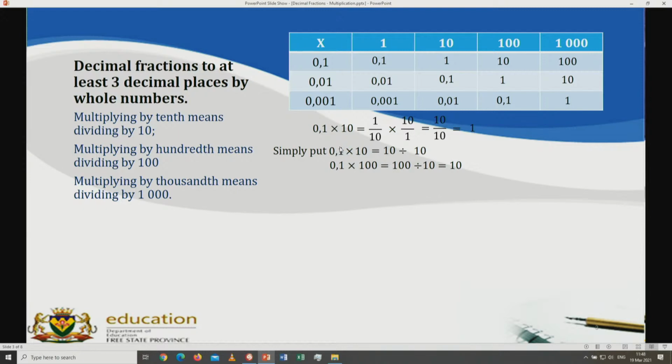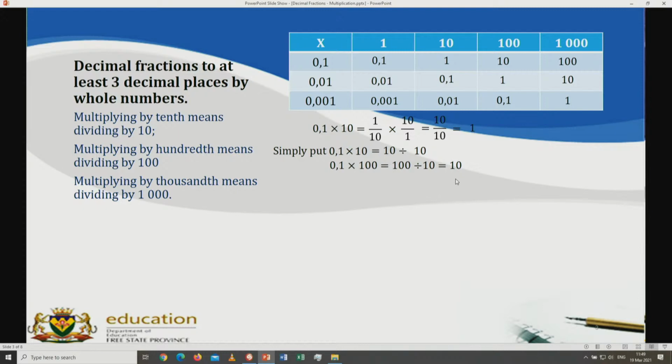Multiplying by 1/10 means dividing by 10. That's why we get 1 as our answer here. Look at 0,1 multiplied by 100. It's 100 divided by 10, which gives us what? 10.